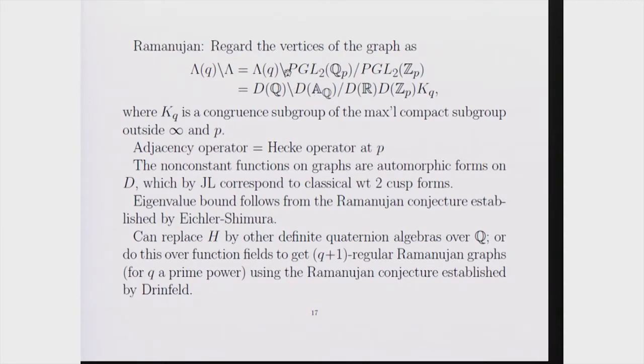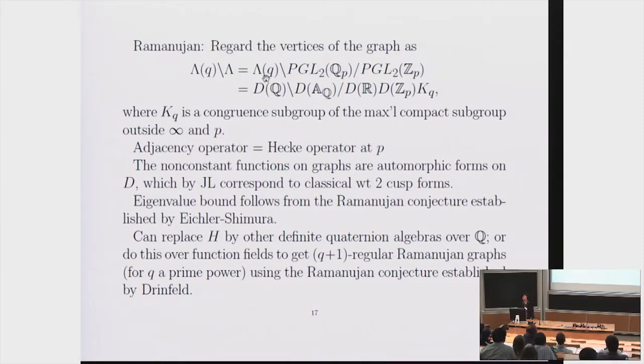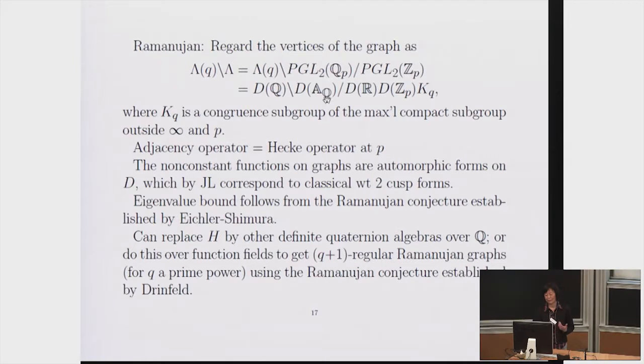So the choice of this Lambda_q now becomes the choice of a compact subgroup depending on q. With this description, when we look at an eigenfunction on the graph, if it's non-trivial, I can think of it as an automorphic form on this quaternion group.